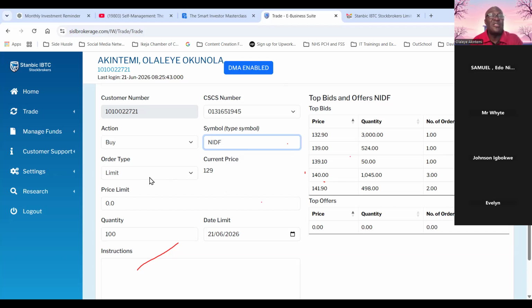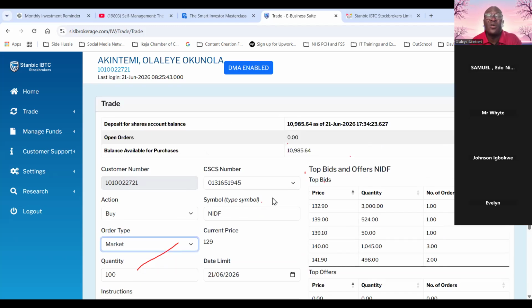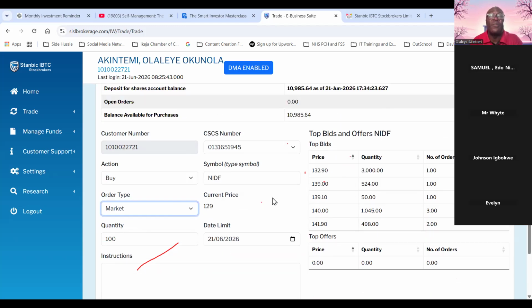But if the market is not open, you are not likely to be able to get it. But okay, let me use market order. So how much do I have left? Okay, I have about 10,000 plus in my account balance. So that should be able to buy me about 70 units. So let's say 70.